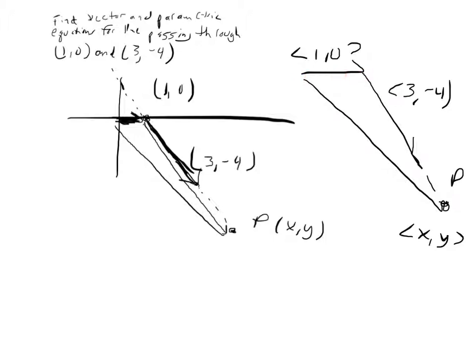So vector addition, the vector (1, 0) plus some scalar multiple of the vector (3, -4) is going to yield my output vector here, (x, y).